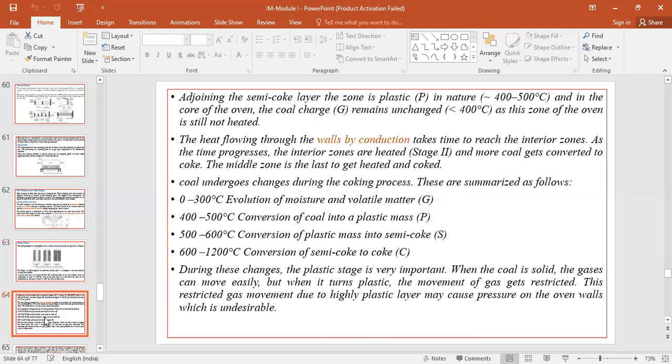And similarly, in the plastic region, it will be around 400 to 600. And at the central column, the core part, the temperature will be less than 400.